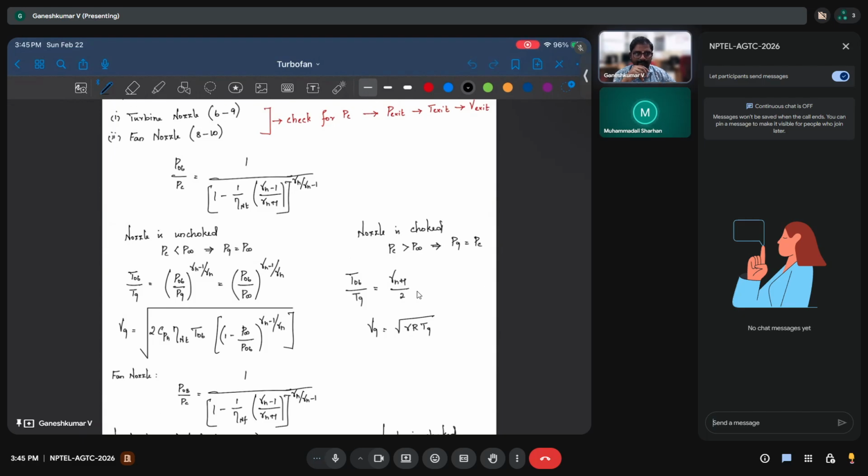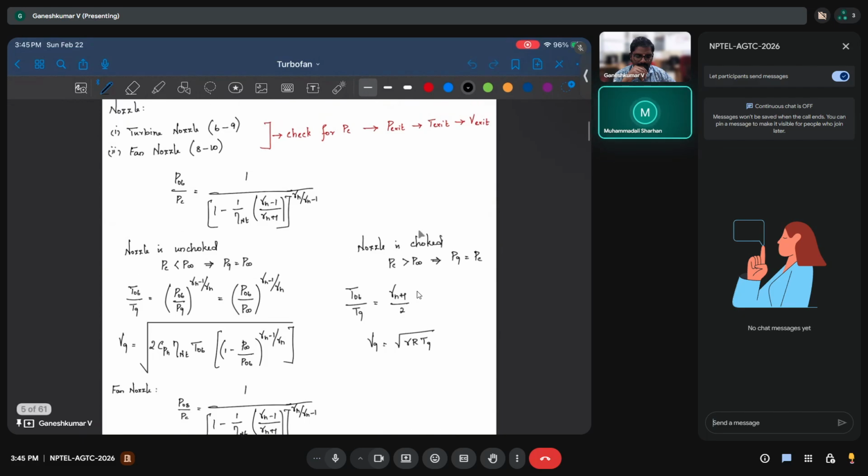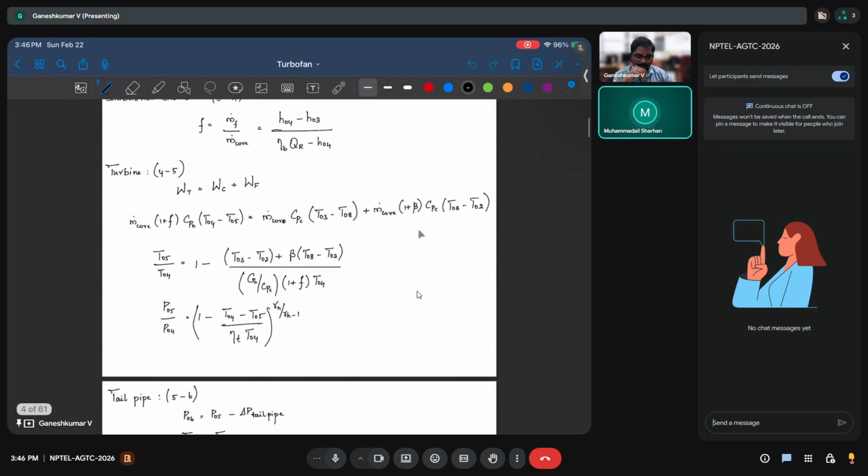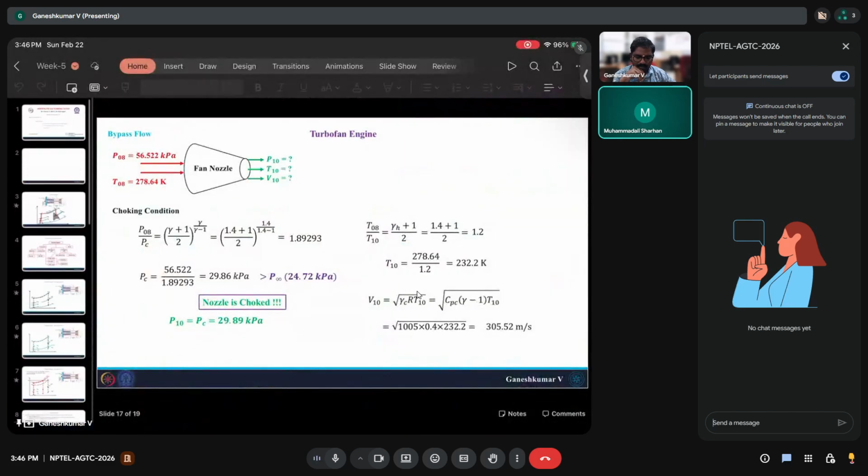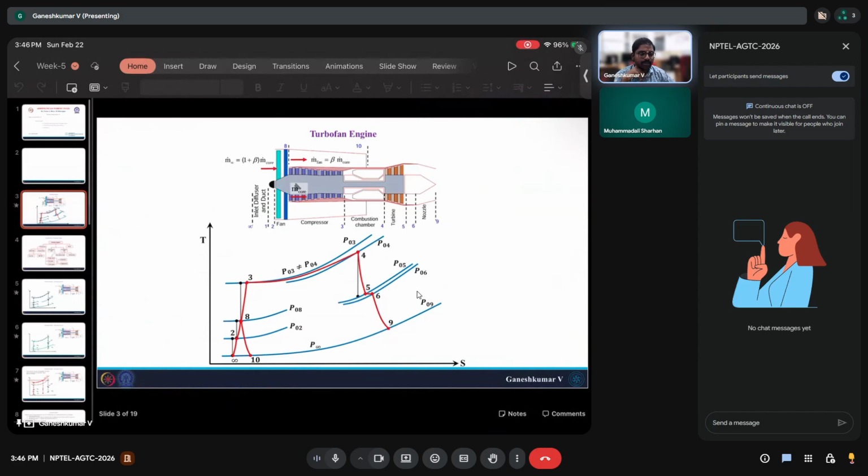What the compressor receives will be a different pressure compared to our bypass. Actually, if you look at it, after the fan, some amount of air goes into the core and some amount goes into the bypass. So it is after the fan only that it is splitting, right? Whatever the fan does is for the entire air.